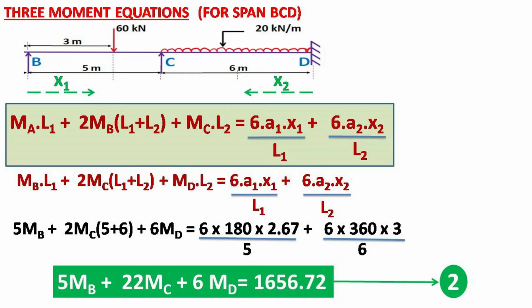Here, x1 is the distance of the centroid of the first figure from B and x2 is the distance of the centroid of the second figure from D. So the final equation becomes 5 times MB plus 22 times MC plus 6 times MD equals 1656.72. This is our equation 2.